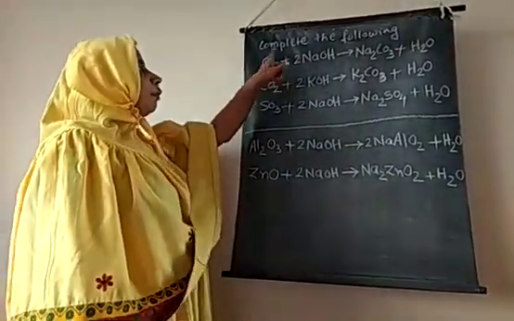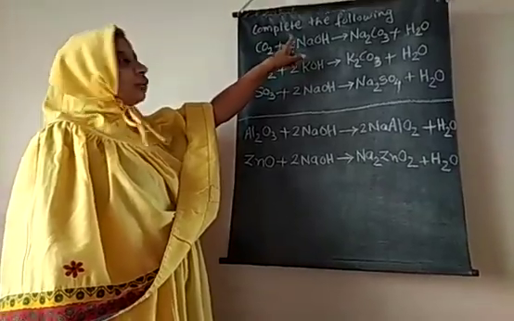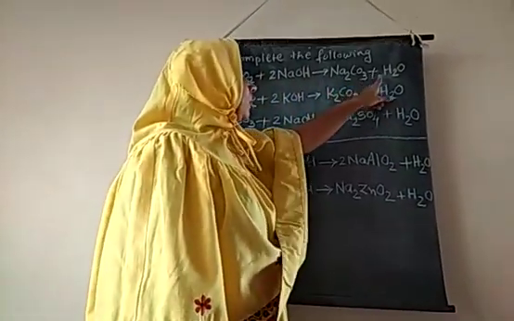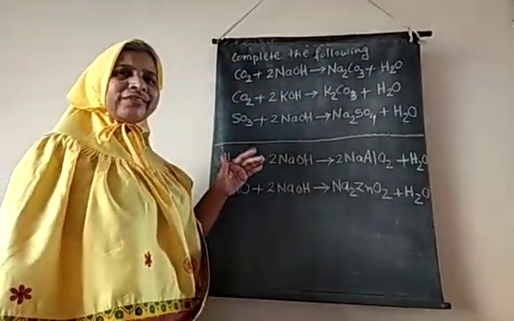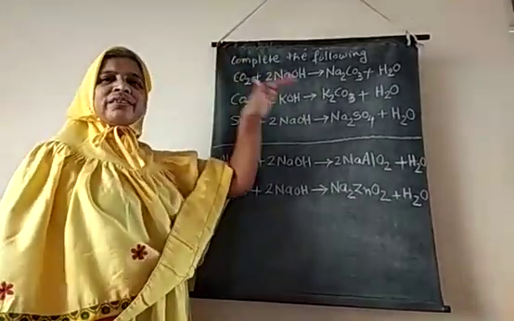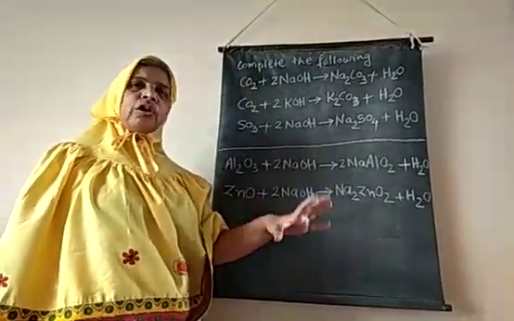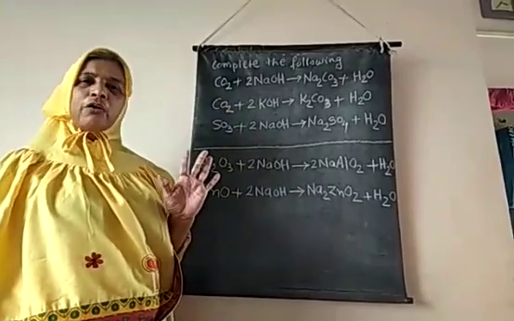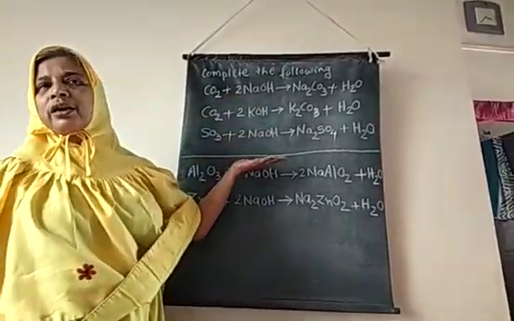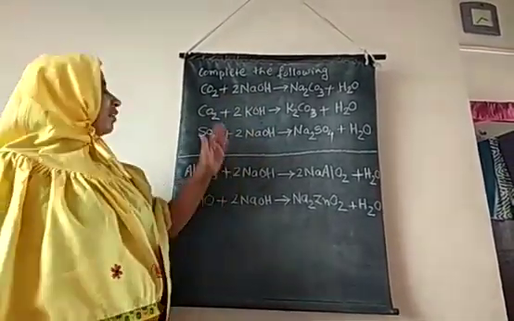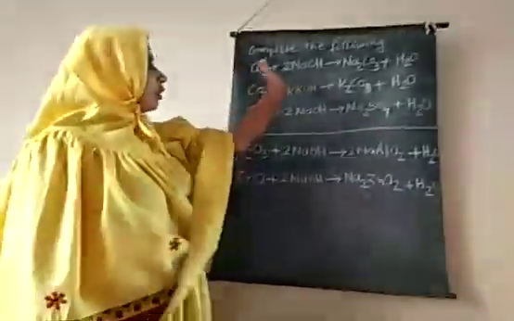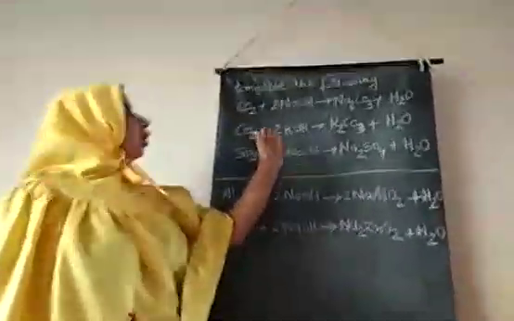Now CO2 plus 2NaOH gives Na2CO3 plus H2O. Students, all of you write down this reaction and learn these reactions only. Very limited reactions are there in your textbook, so please learn the reactions how they are given.